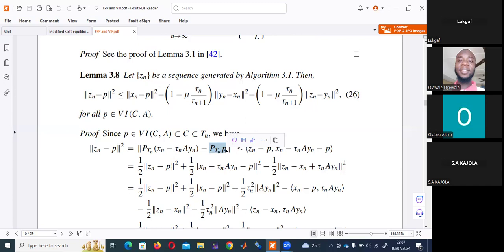Yes, kò sí element tó fẹ́ súnmọ́ ju P fúnra lára ẹ̀ lọ. That's why we say P equals the projection of Tn onto P. So instead of writing it as P, I can write it as P Tn of P. So I can write it that way.